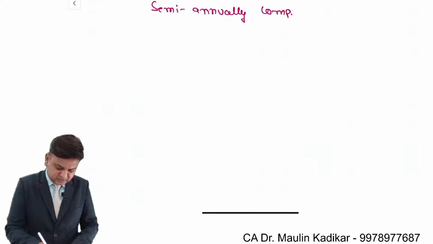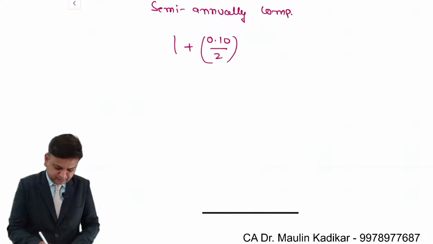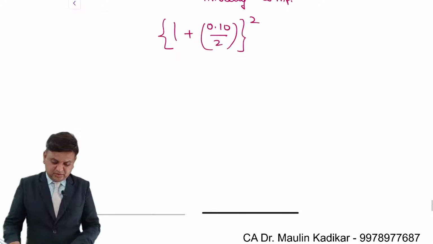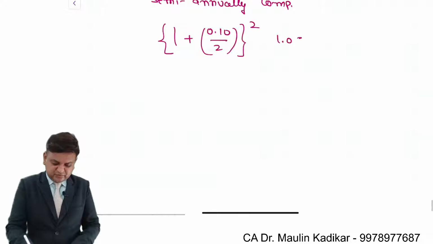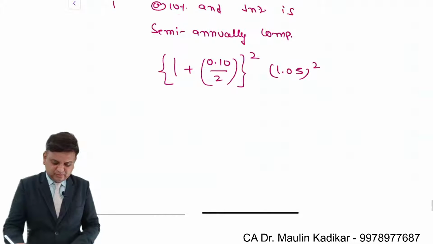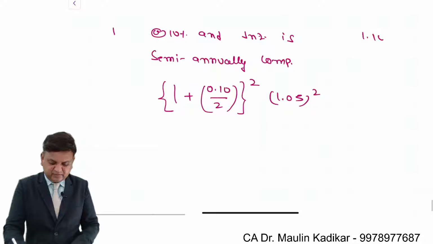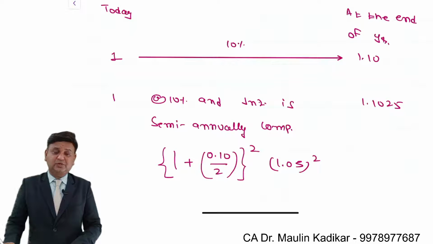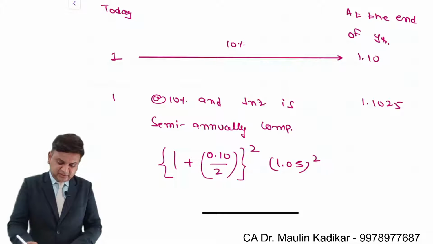Then the answer is 1 plus 0.10 divided by 2, raised to 2. This is the way we compute the maturity amount of deposit, in a way that it is 1.05 raised to 2, and it would be 1.1025.